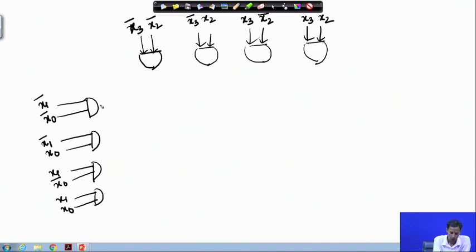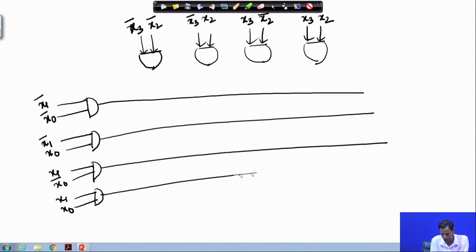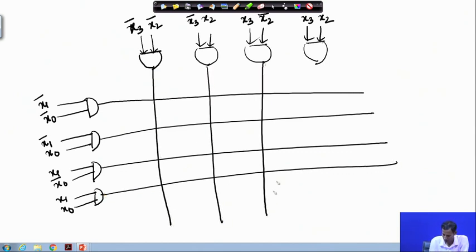Okay. So, now if you just draw the lines from this particular point, so if I am having one AND gate over here which is connected with this, so what are the values of this?